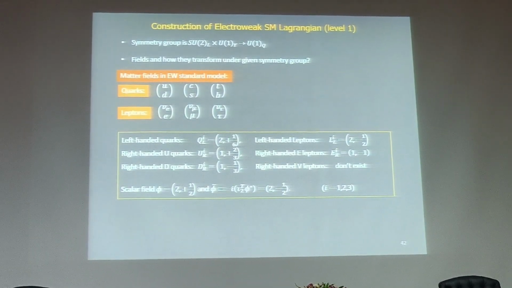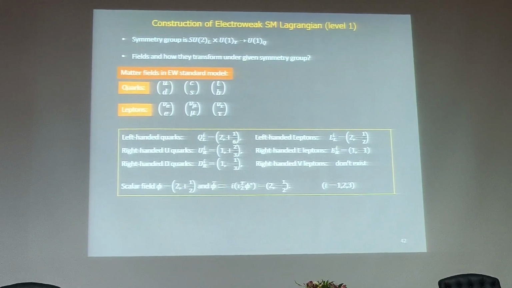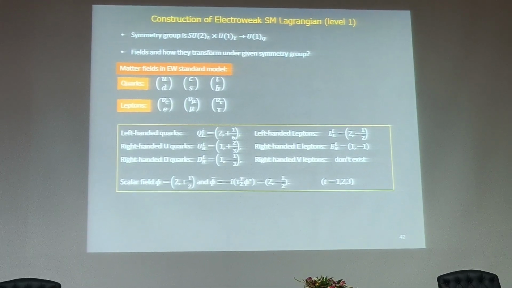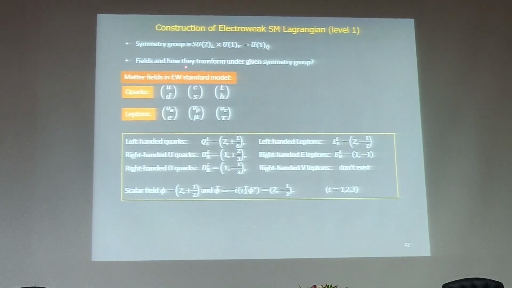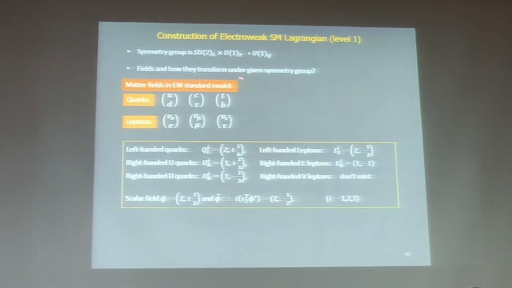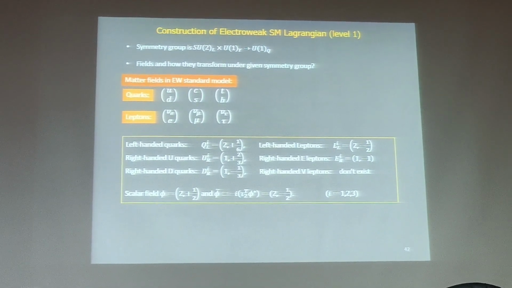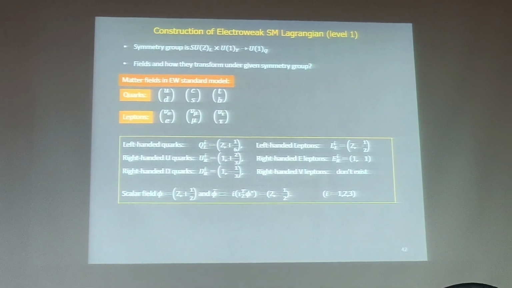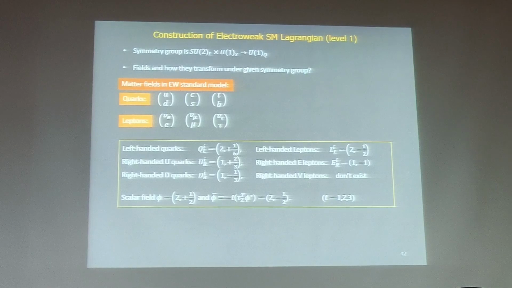And this table over here, the information provided in this box, provides the answer to this question, how these fields transform under the given symmetry group. So let's see how we interpret the information given in this box.